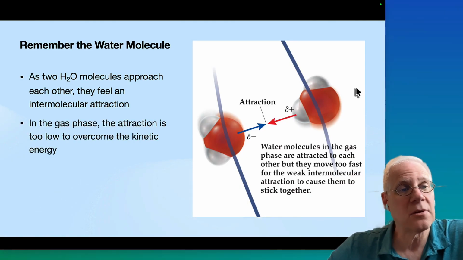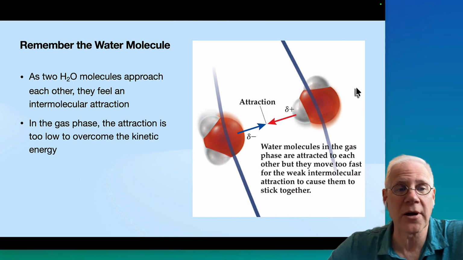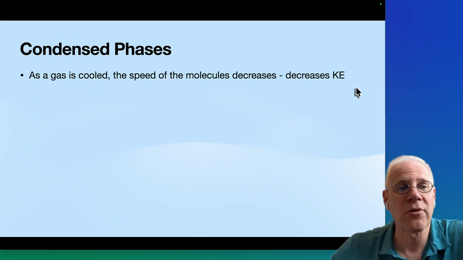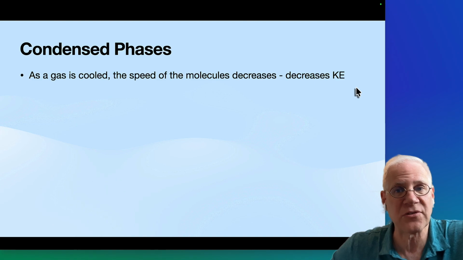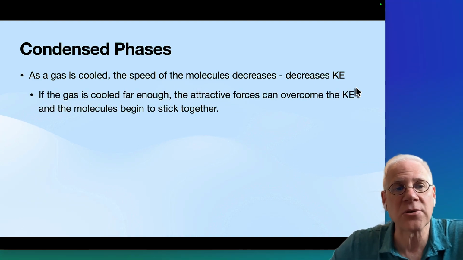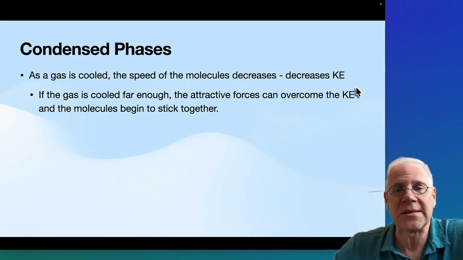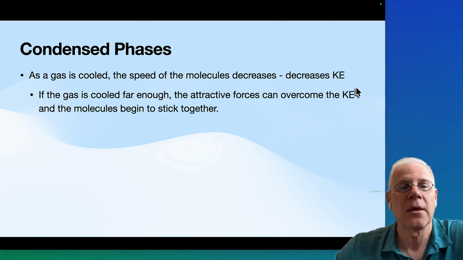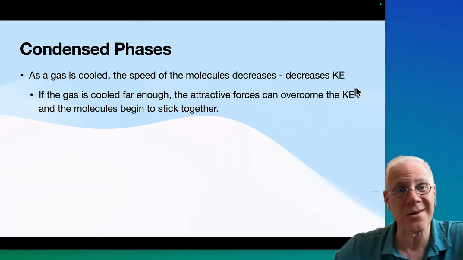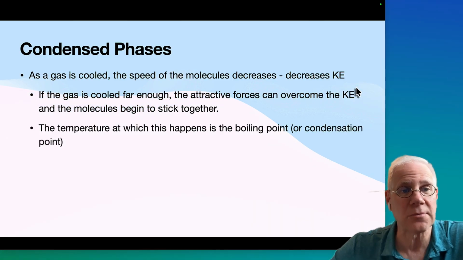So in the gas phase, the attraction is too low to overcome the kinetic energy. However, as you cool that gas down, the speed of the molecules decreases, the kinetic energy decreases, and if that gas gets cooled down far enough, the attractive forces can overcome that kinetic energy, and the molecules begin to stick together, and this is what we call condensation.